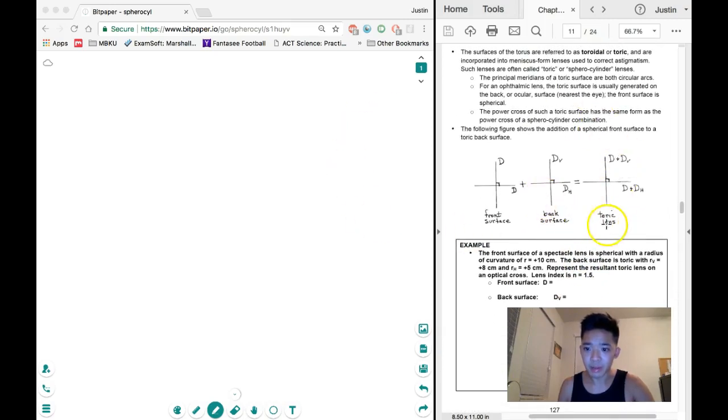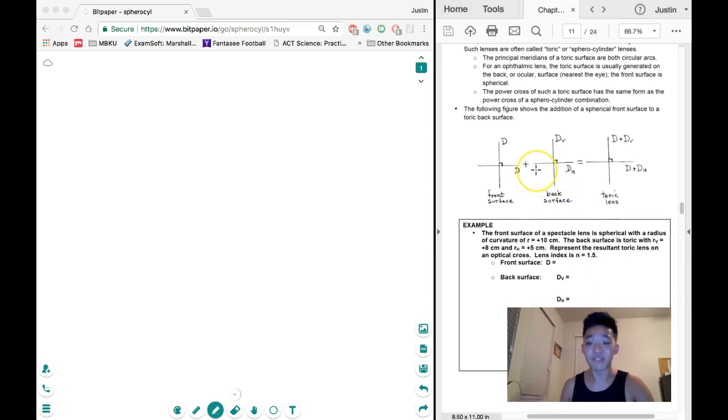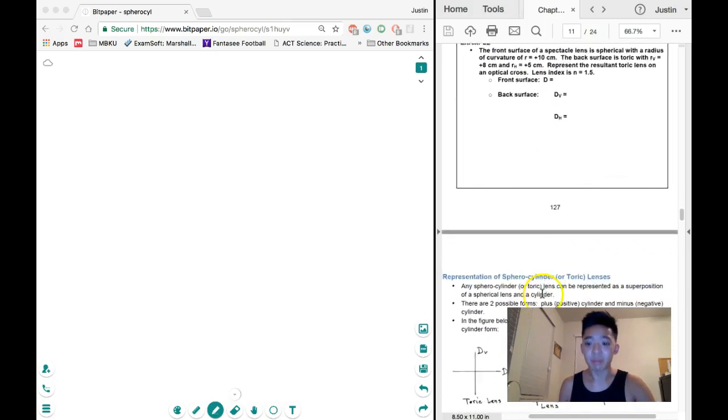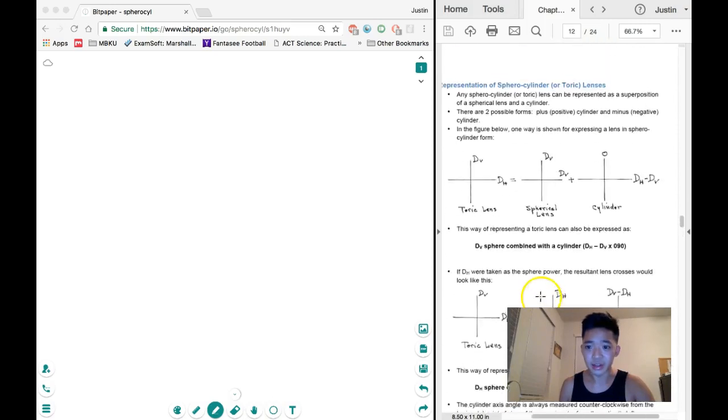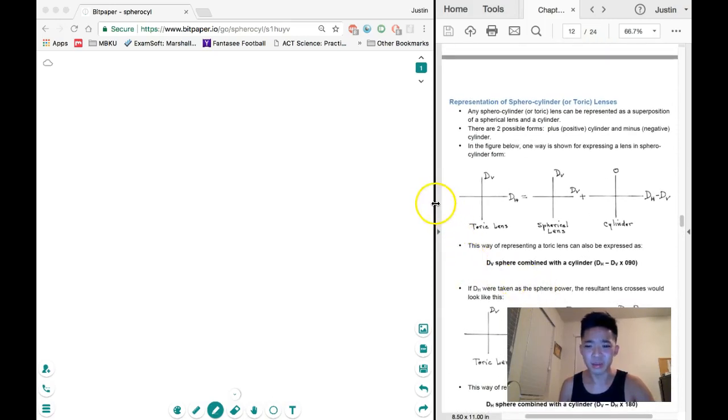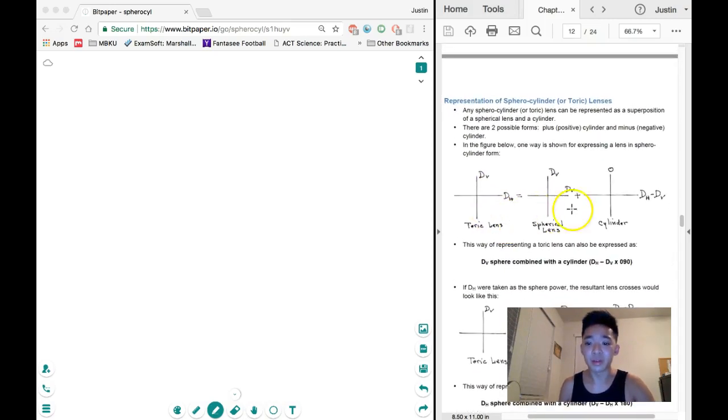But in this diagram, it was a combination of a front surface and a back surface, because this is more relating to glasses, like physically how glasses is made. But schematically, or theoretically, you can think about a toric lens as something that can be divided into a spherical lens, just like the front surface of the glasses, and a cylinder, meaning the axis meridian is actually zero and not another toric surface.